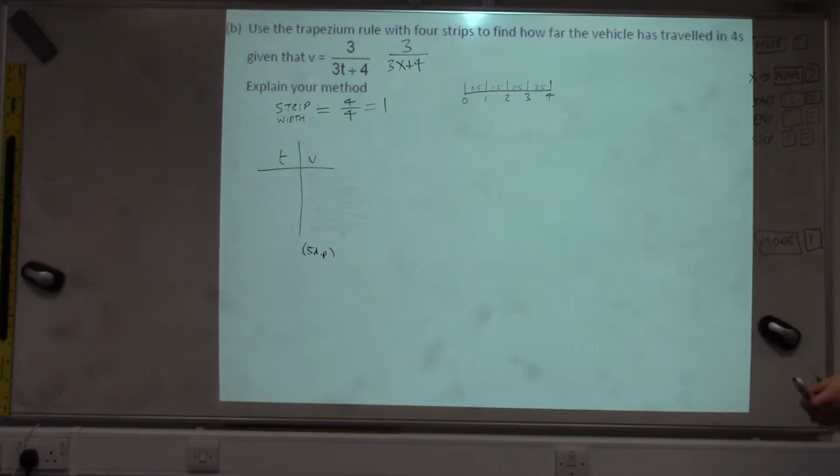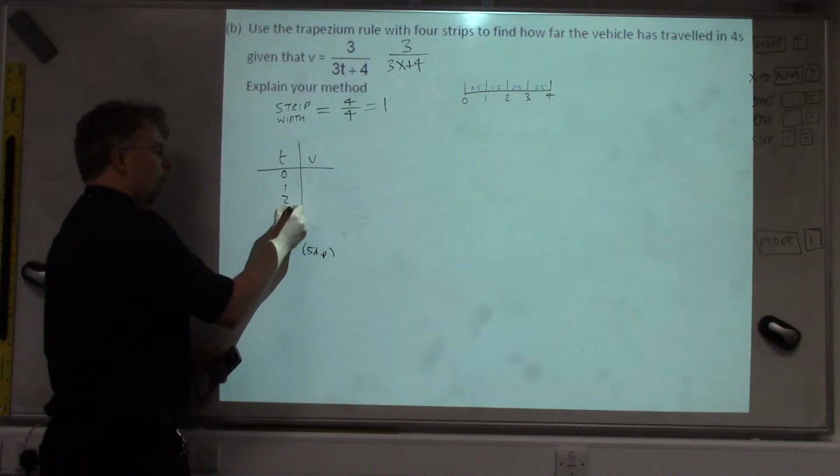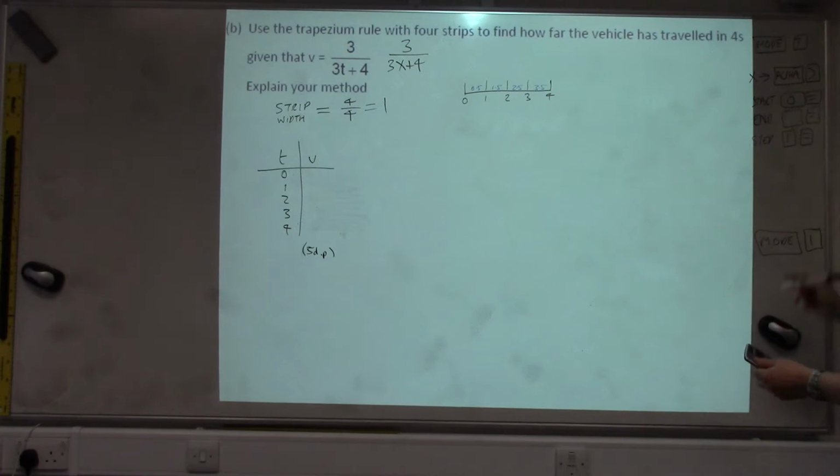So back to table mode, mode 7, let's re-enter the formula. Now the start, as I say, we're doing those values now, so 0, 1, 2, 3 and 4. So our start is 0, our end is 4, our step is still 1.